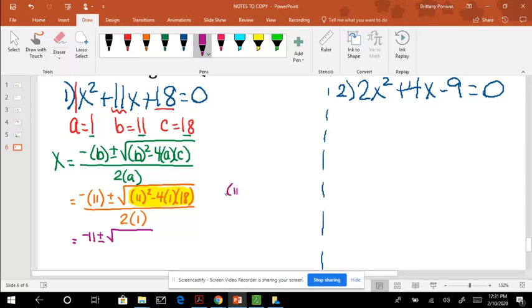So we have to do 11 squared first, which is 11 times 11. And you might need to do long division, 121. And then we have to do 4 times 1 times 18. I'm just going to scribble up here. 72.